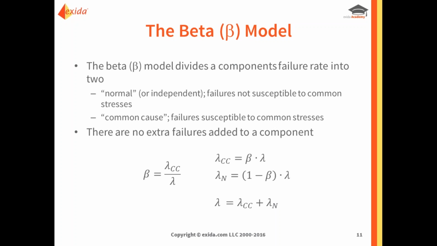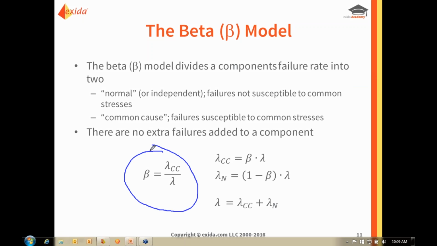And from a formula perspective, beta is the common cause failure rate divided by the total failure rate. In other words, once we know the total failure rate of a product and we know what beta value to use, and I'll talk about what different beta values we could use, we can calculate the common cause failure rate and the normal failure rate.